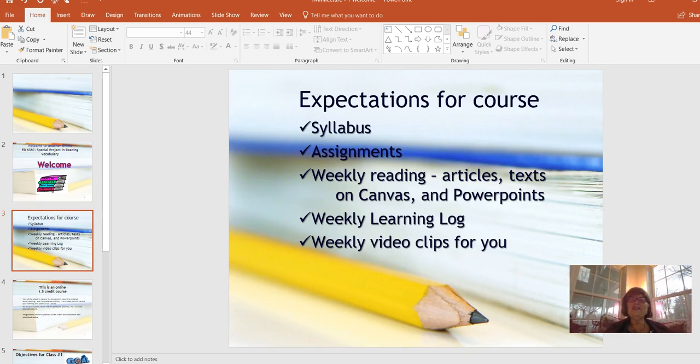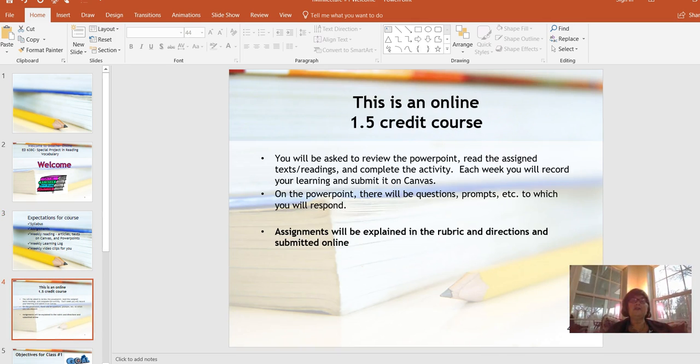So our expectations for the course, tonight we're going to talk about the syllabus, look at the assignments briefly, talk about your weekly reading and look at Canvas, and specifically look at the different modules. We won't do each one. This is an online course, exclusively, and it's 1.5 credits. Each week you will have assigned reading and text.